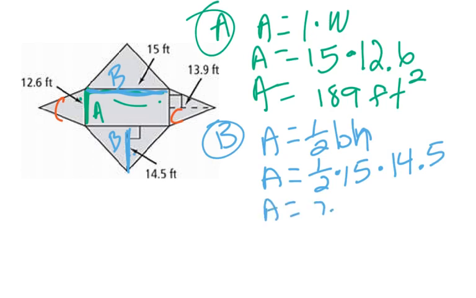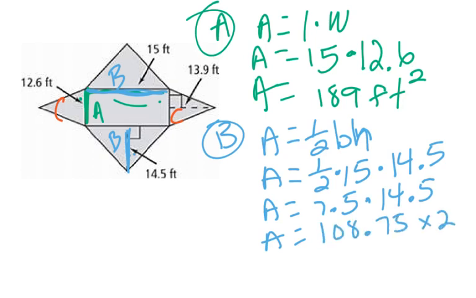Half of 15 is 7.5 times 14.5. Pop that in the calculator, and the area is 108.75. However, I have two of these, so the total surface area of the B triangles is 217.5 feet squared.